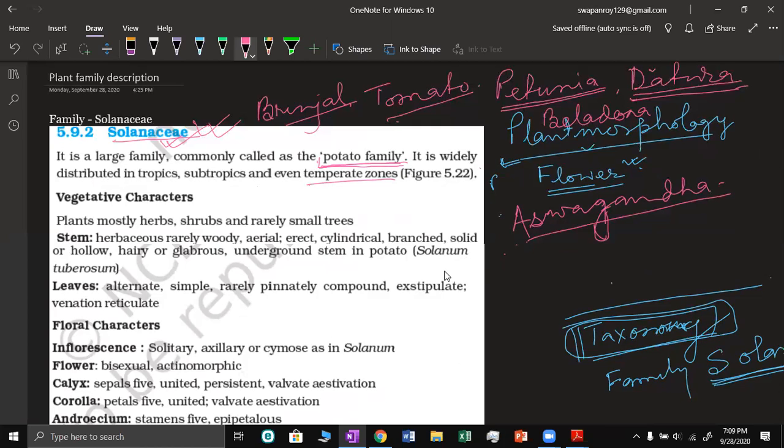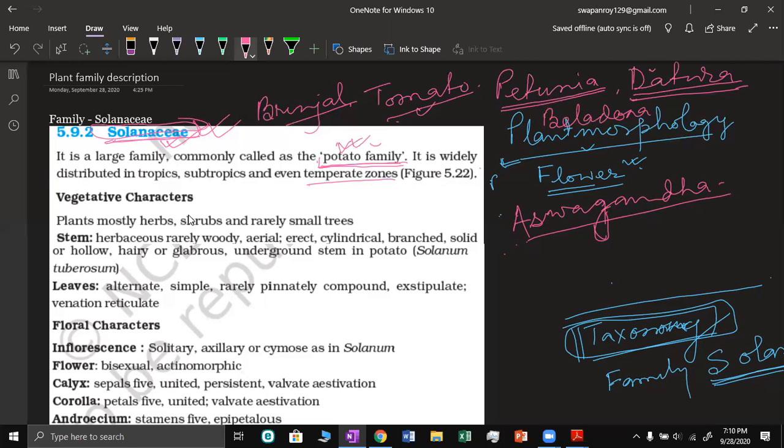This means in all types of climate and geographical areas, plants belonging to this family are found. Potato and tomato are grown almost everywhere. Brinjal, tomato, and potato are common vegetables. So many vegetables we get from this family, so this family is very important.